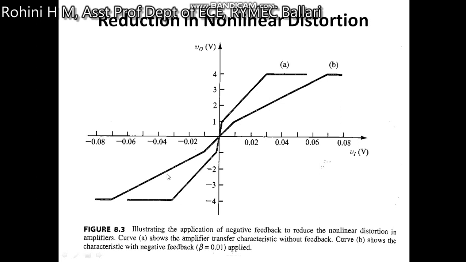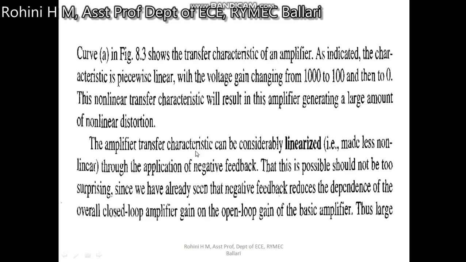Whereas curve B is almost linearized. So this non-linear transfer characteristic will result in the amplifier generating a large amount of non-linear distortion. So this characteristic may add a large amount of non-linear distortion.